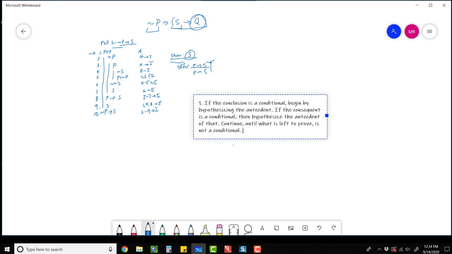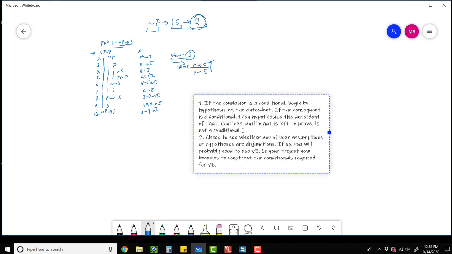Don't just move straight into negation introduction. Okay, so check to see whether any of your assumptions or hypotheses are disjunctions. If so, you will probably need to use disjunction elimination. So your project now becomes to construct the conditionals required for disjunction elimination.